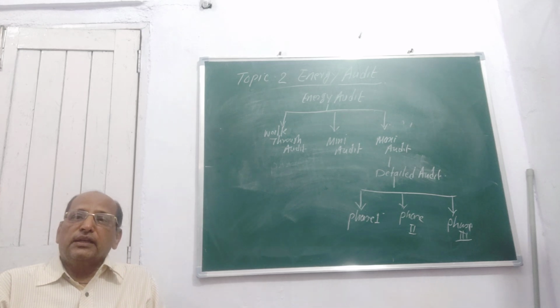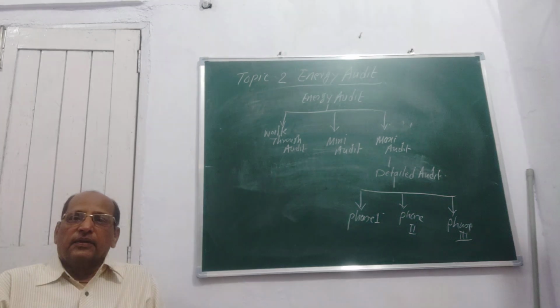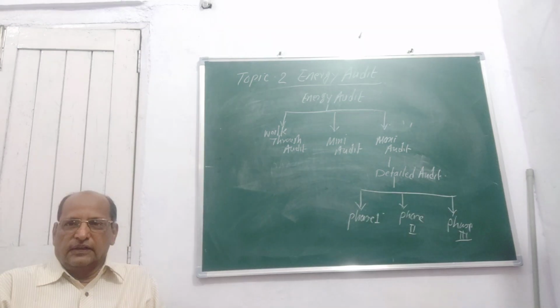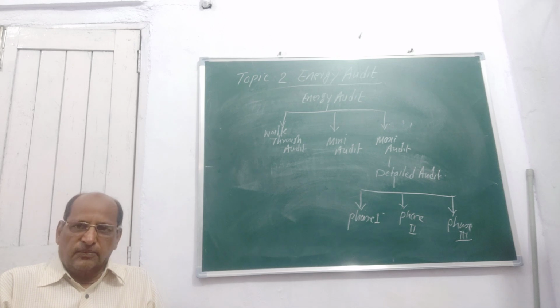When you visit any industry or any installation for energy audit, then you have to see the basic information required for energy auditing. This information is what type of installation it is, what type of energy they are using, what are the outsources of the energies in the system, what are the use points of the energy, and what are the different applications of the energy in the system.